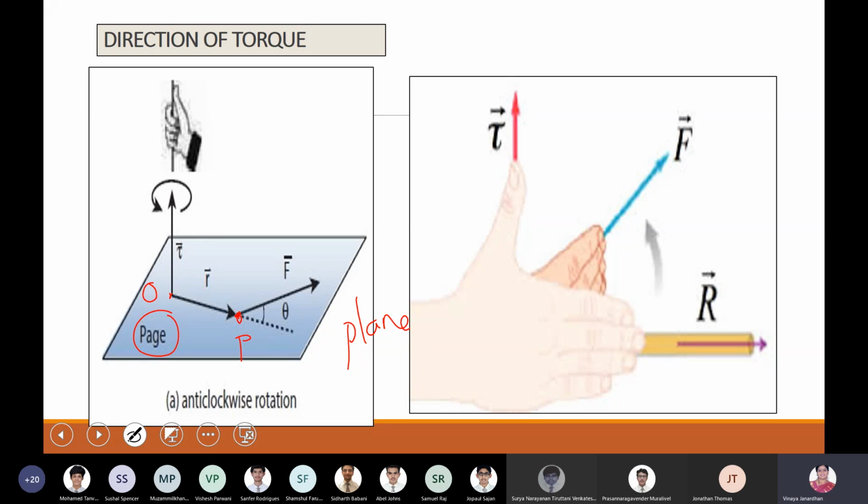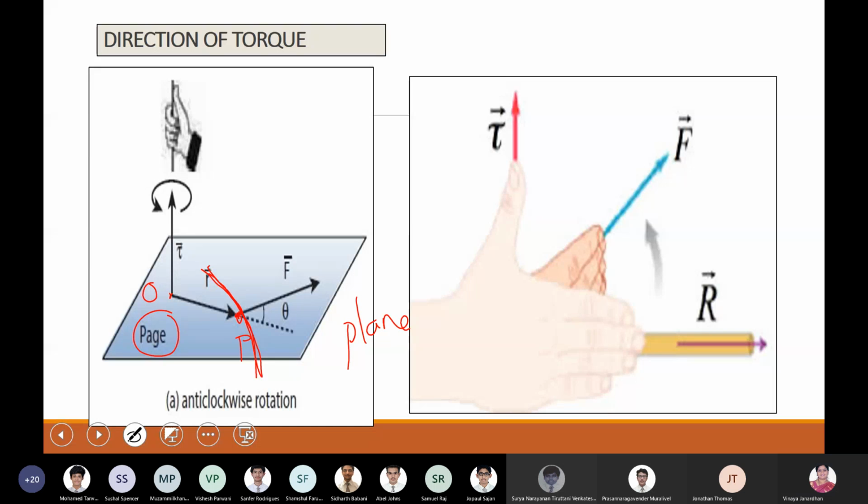When you apply a force on the particle at point P, instead of moving along a linear path, it makes the particle move along a circular path. So the direction of motion of the particle is going to change.